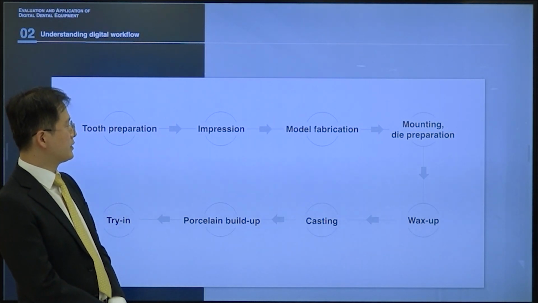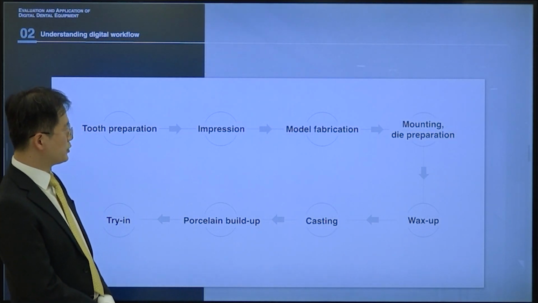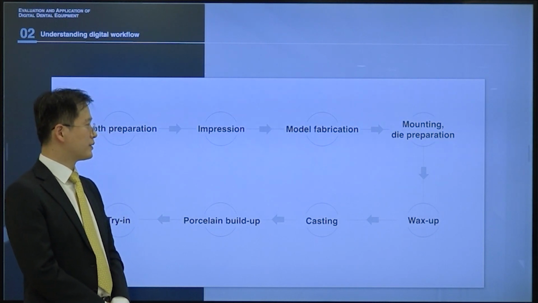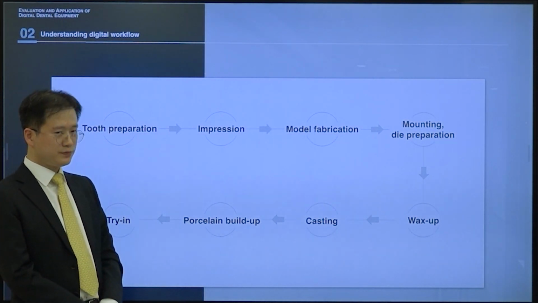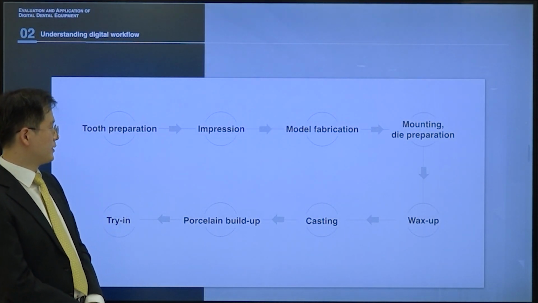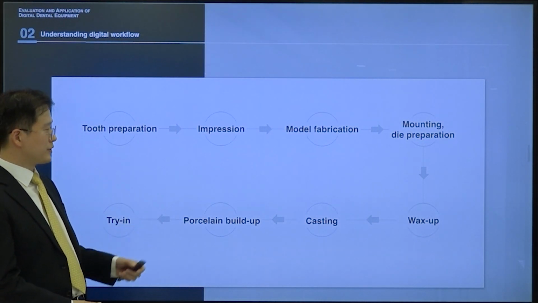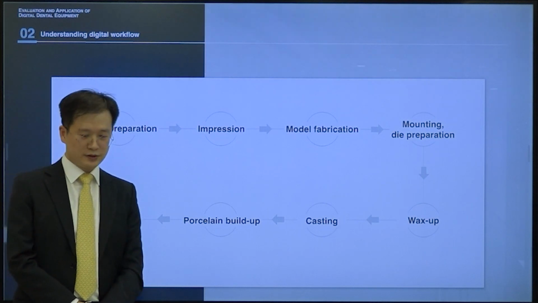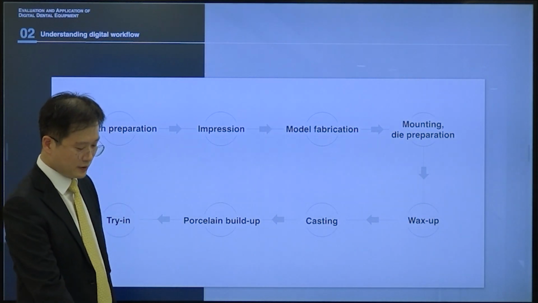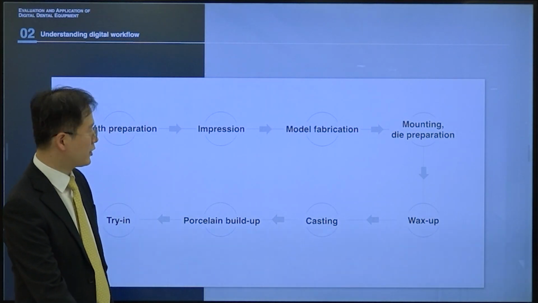We do a die preparation. On that die, we wax up the crown and cast it into metal. After that, we build the porcelain and try the restoration in the clinic, in the patient's mouth.